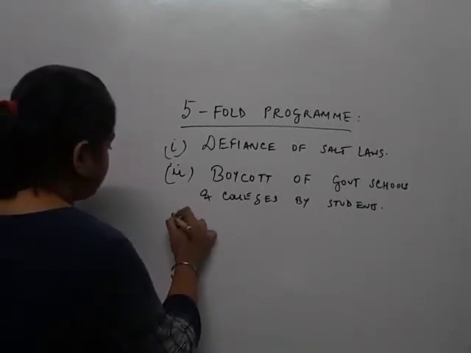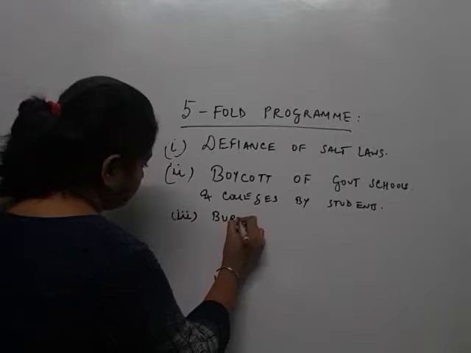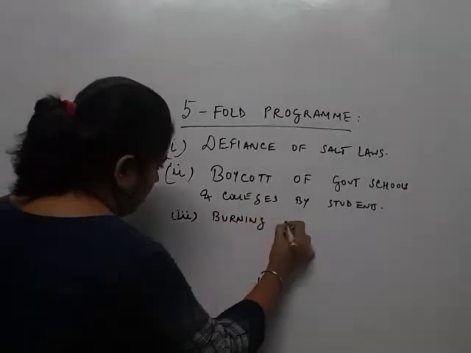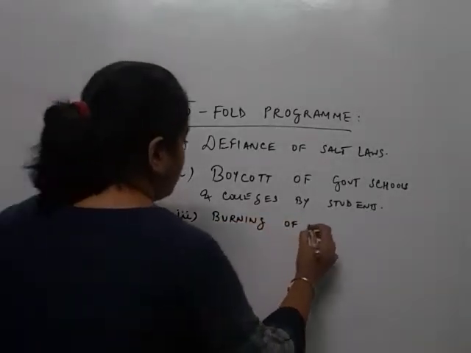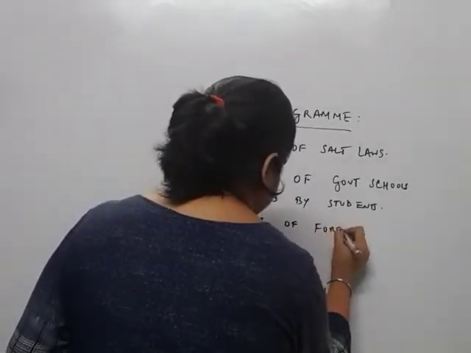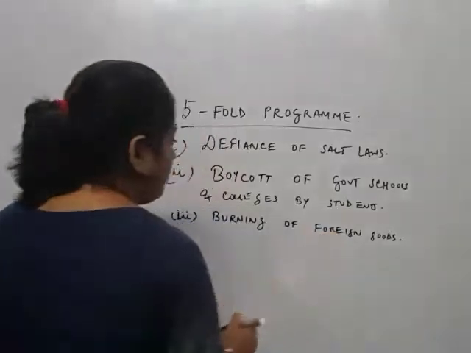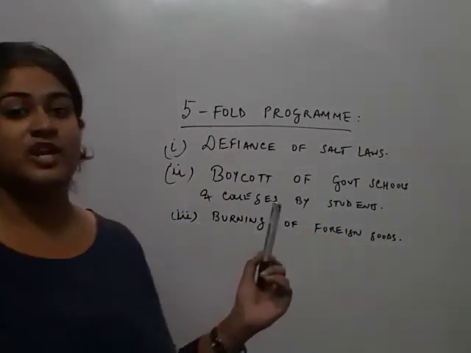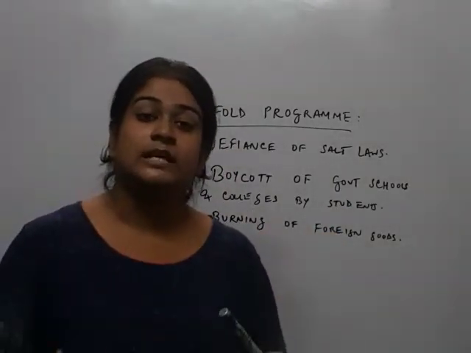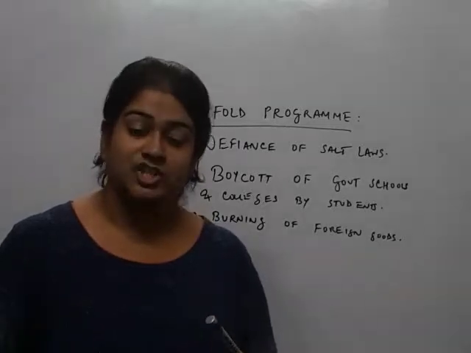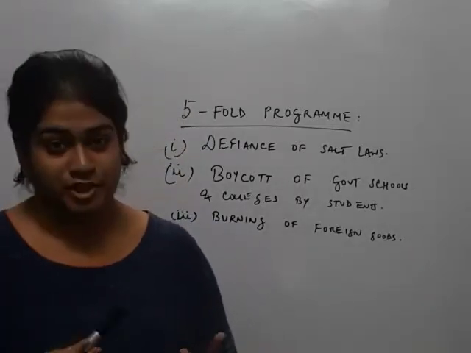The third program includes burning of foreign goods. The immediate objective of this movement included the attainment of Purna Swaraj, that is, complete independence from British rule.